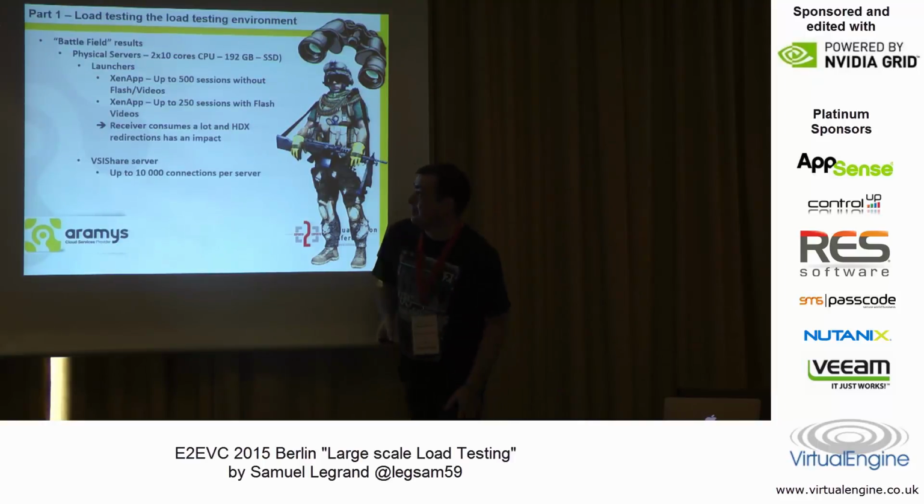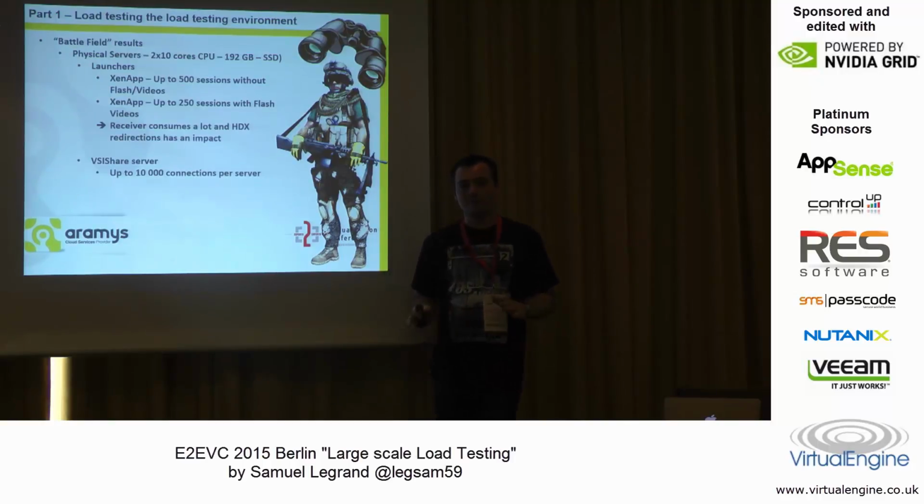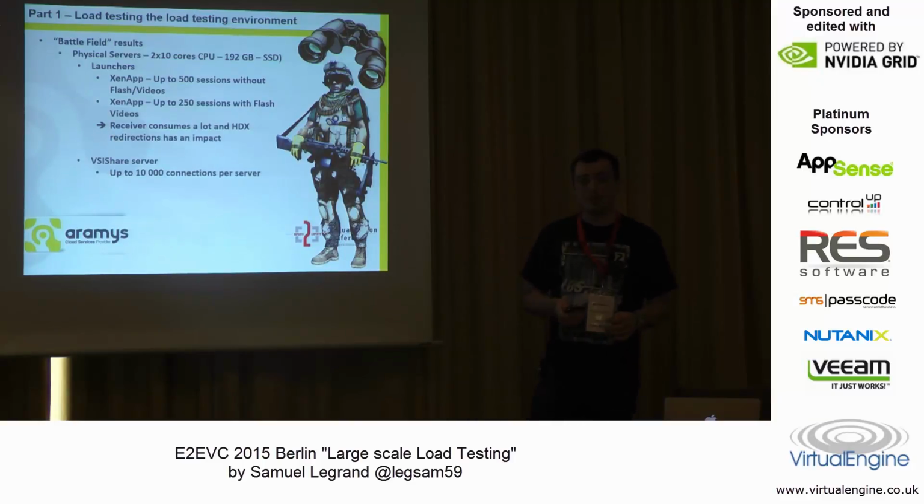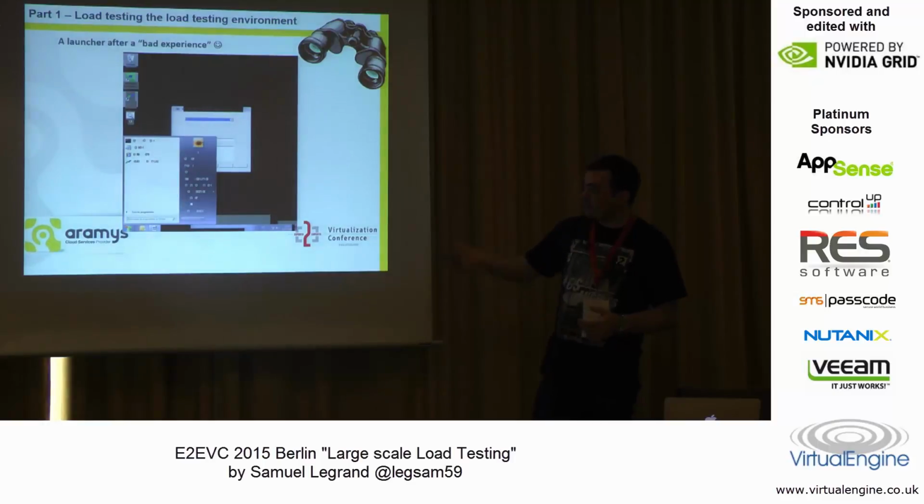And we have managed to have about 80 physical launchers in order to handle the load. This part is really important, because Login VSI was not able to give some guidance on physical machines. They just say, try it and you will see. So a bad experience for the launcher.